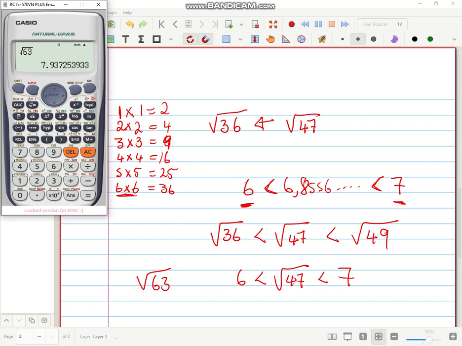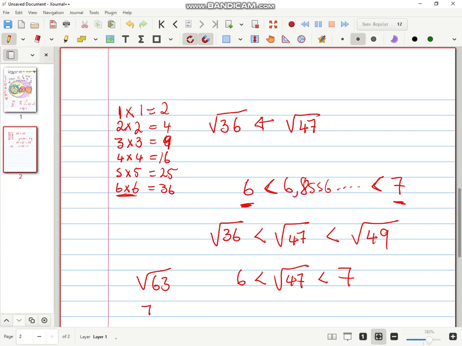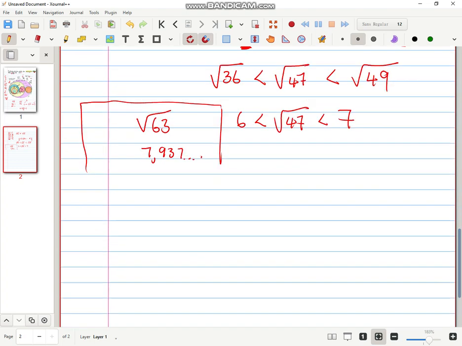As you can see, it says it's 7.937, blah blah blah. Right away, you know, 7.9 blah blah blah, this is definitely greater than 7, but it's less than 8.